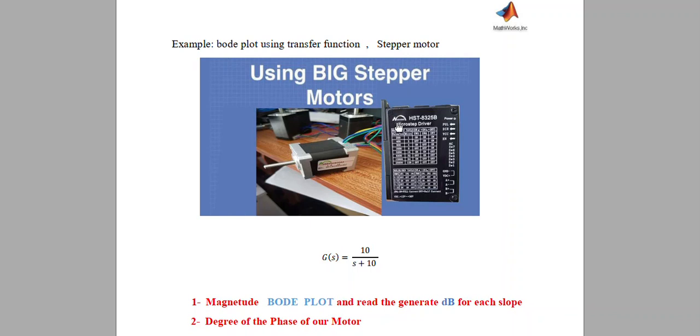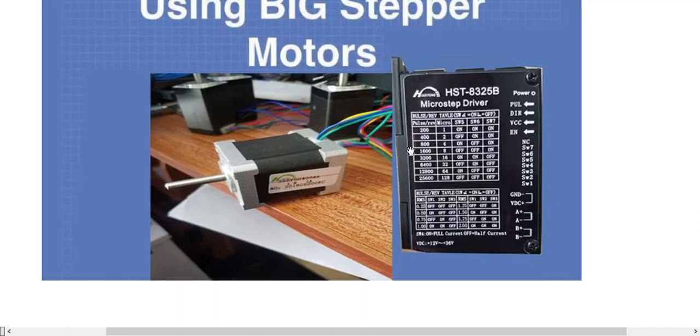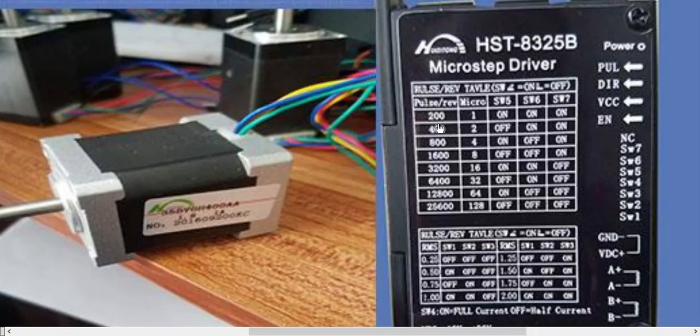So we will first calibrate the step motor according to this micro stepper. In the next lesson, I will share with you how to calibrate this micro stepper, and then I will briefly introduce the different meaning of those values. What you can understand in this case is that we are going to choose any of these values, which mean the steps per revolution.